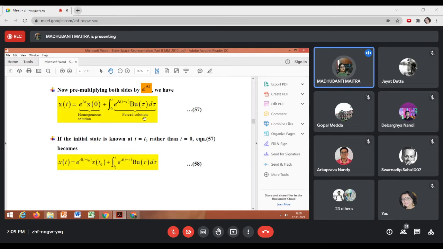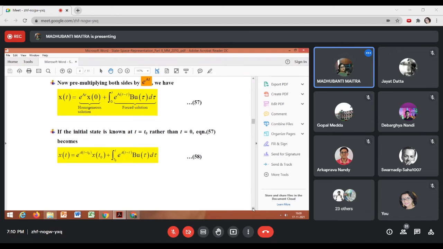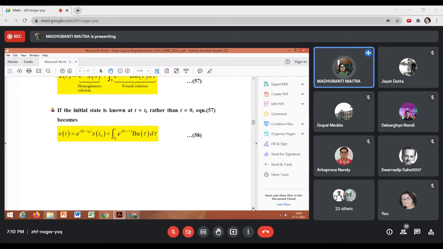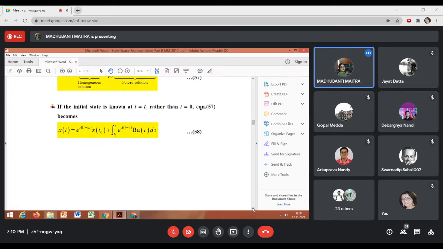So this is the solution if the initial time is 0, and this is the solution if the initial time is not 0 but some t0. So you see, the transition of state does not depend exactly on the initial time, but instead depends on the time difference t minus t0.